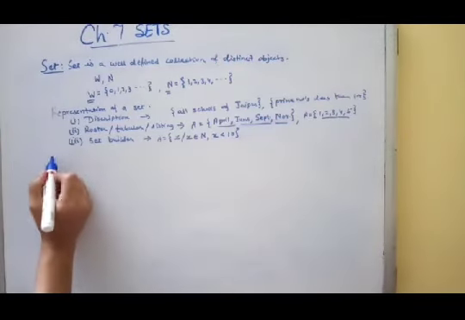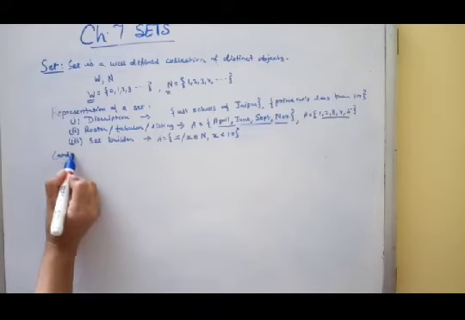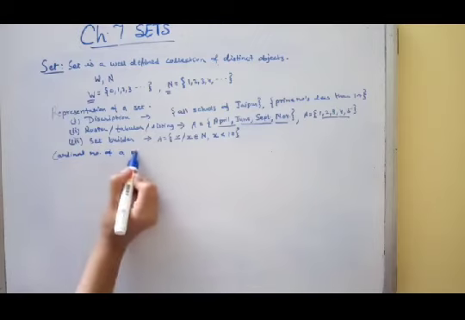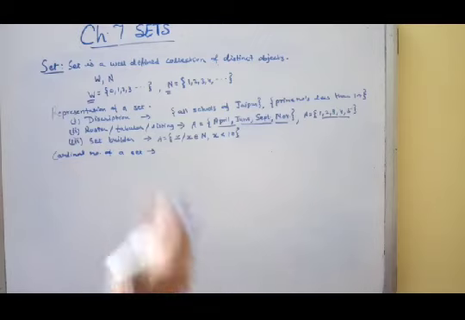Now next is the cardinal number of a set. The cardinal number of a set is the number of elements present in a set.